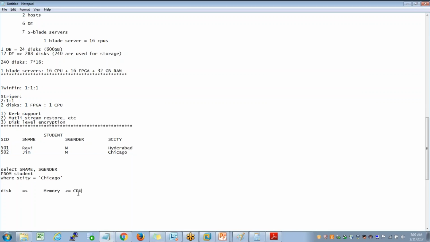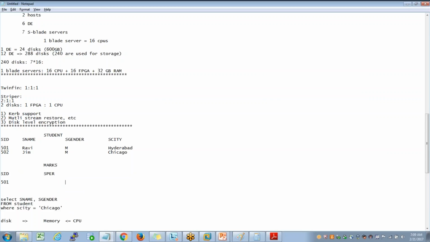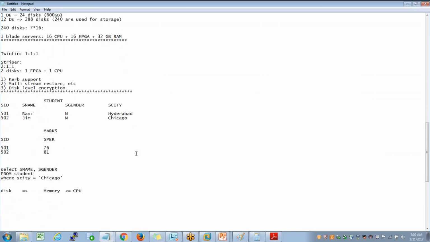What used to happen is, if I'm joining the student table with another table called marks, with student ID and student percent, this join used to take place first, then the respective filtration happened after the join.